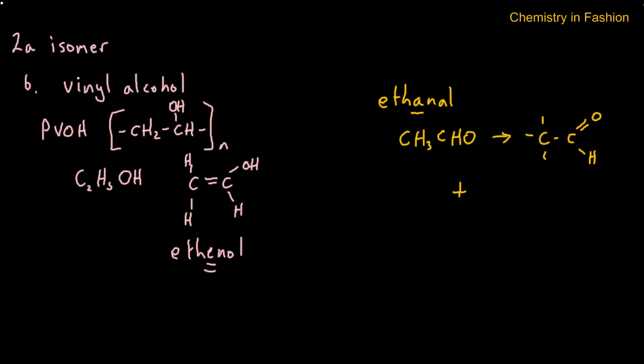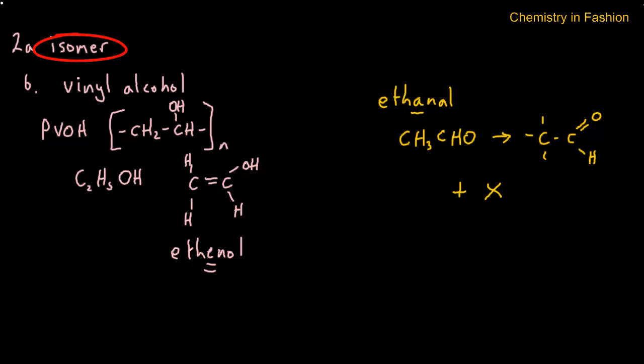Let's take a look. In the ethanol, we've got 1, 2, 3, 4 hydrogens. We've got 1 oxygen, and here in this ethanol, we've got 1, 2, 3, 4. So, plus nothing. So this means that the vinyl alcohol and ethanol are isomers.